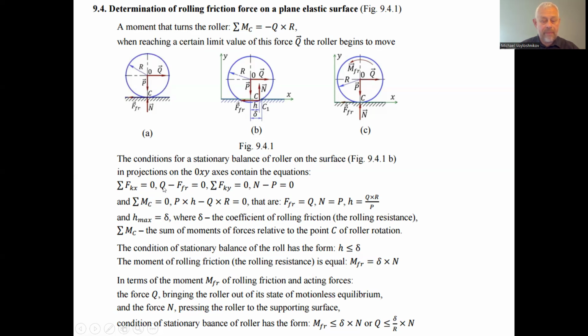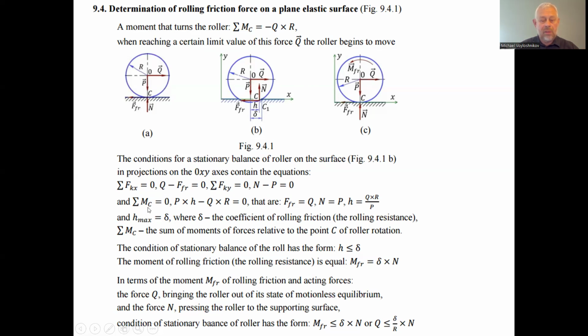And the transverse force Q applied to the point 0, which is moving, has to balance with the friction force, the force of the resistance of the roller rolling, equal to 0.